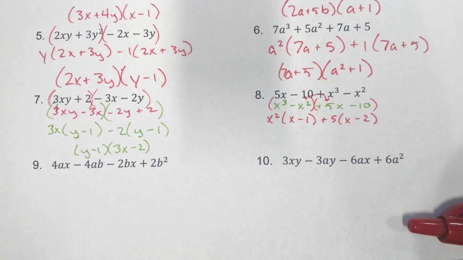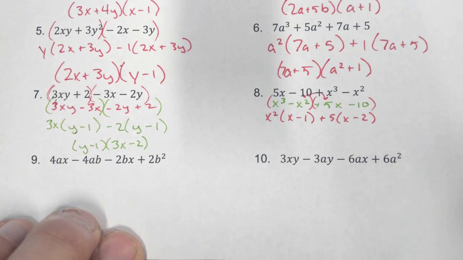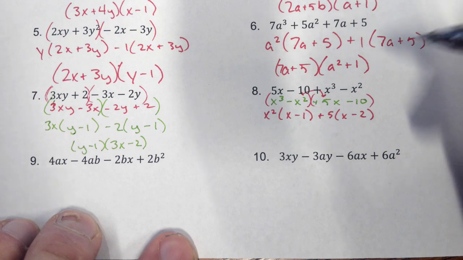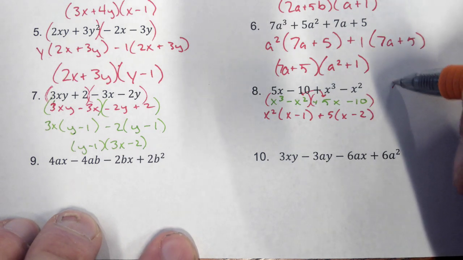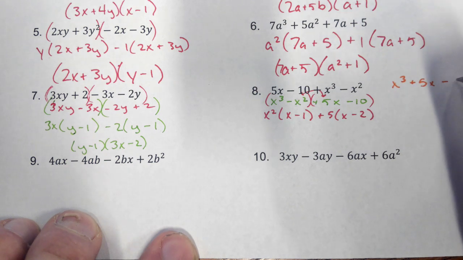And if that doesn't work, then I don't know what to do. So if I flop that, it would be x cubed plus 5x minus x squared minus 10.